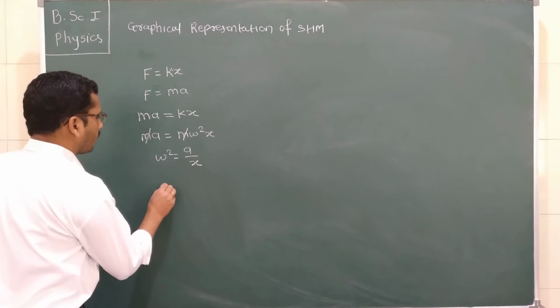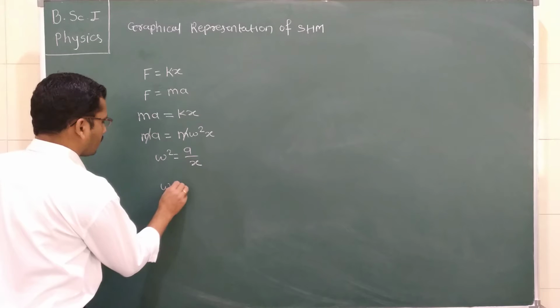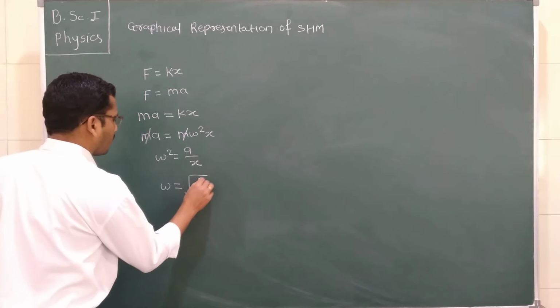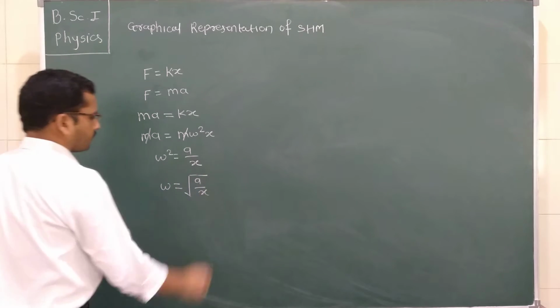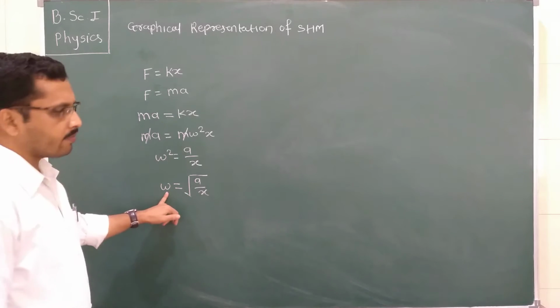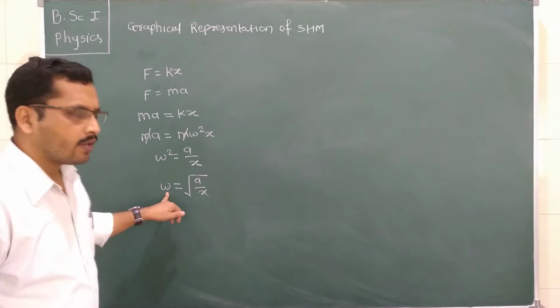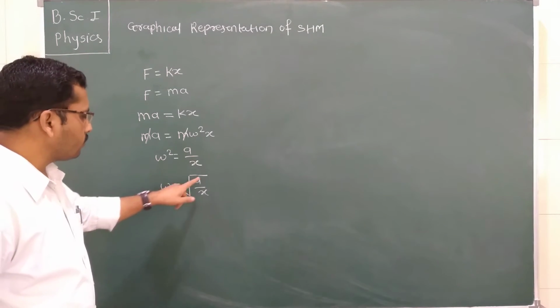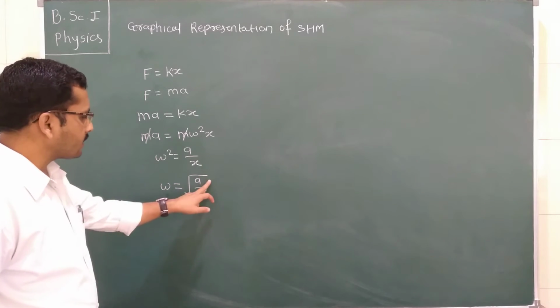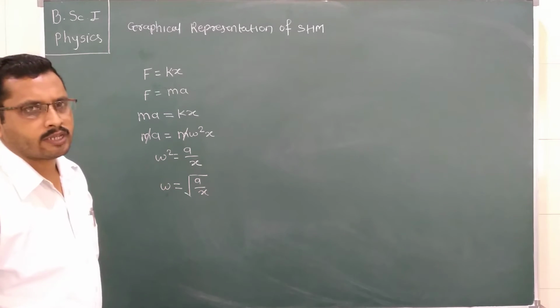Or we can write omega is equal to under root a upon x. This omega is the angular velocity or angular frequency, which is equal to under root a upon x, that is, acceleration per unit displacement.